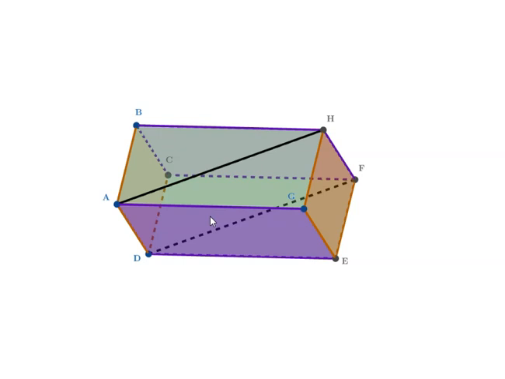Now, if they are congruent, the diagonal AH is equal to DF. And we know that in a parallelogram, the diagonal bisects the parallelogram into two equal triangles.